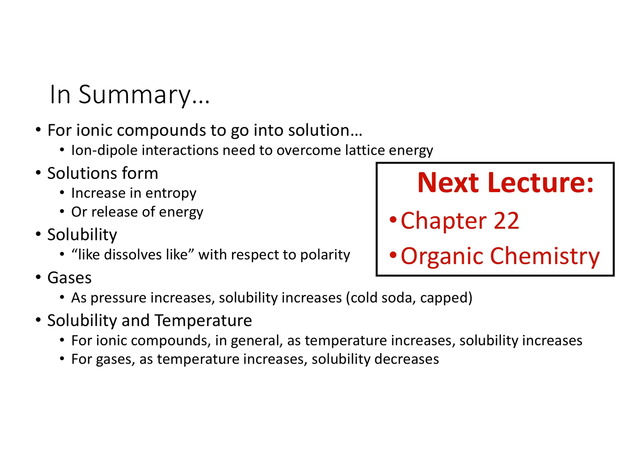And in order to do that, number one, we're going to increase the entropy by mixing two things together, but number two, we need to make stronger ion-dipole interactions between the ions in solution and the solvent than the ionic interactions I have in that solid. So solutions form for two reasons. We're increasing the entropy by mixing those things together, and some are also going to be releasing energy as well.